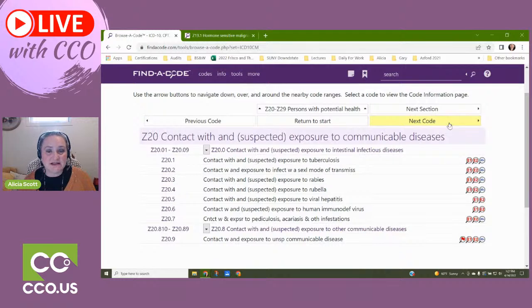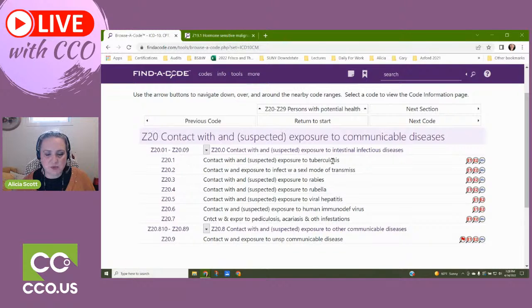That is that TB test that you get under the skin. They make the little bubble, and that has been wonderful to help eradicate it if you're going to be in an area or exposed to people where you could transmit something. And a lot of people have to have tuberculosis tests for different jobs.